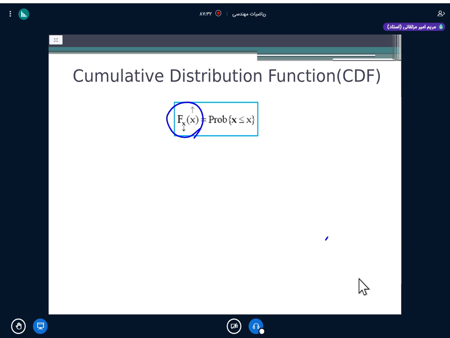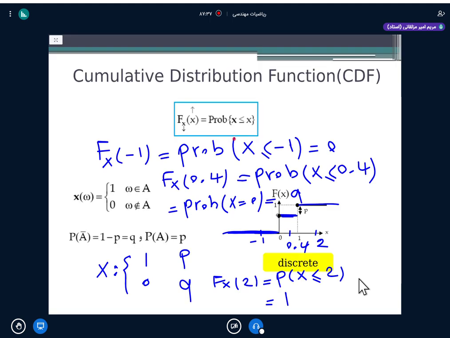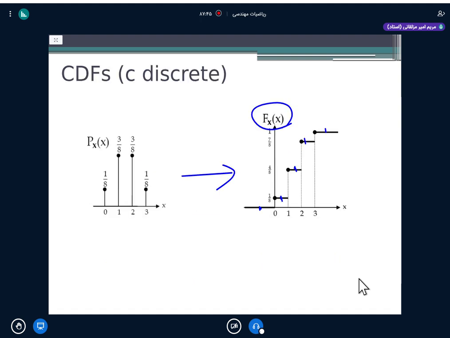So we defined another function, the CDF, and you can see its formula in these slides. And we discussed 2 examples. Any question?